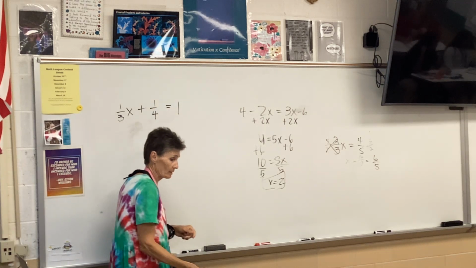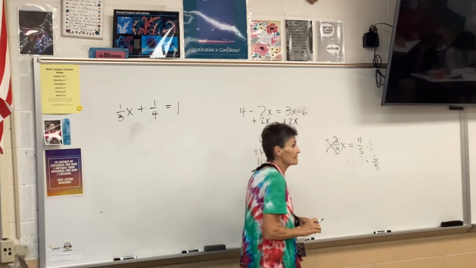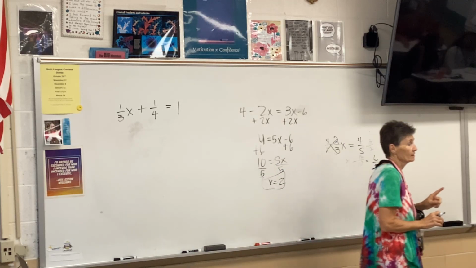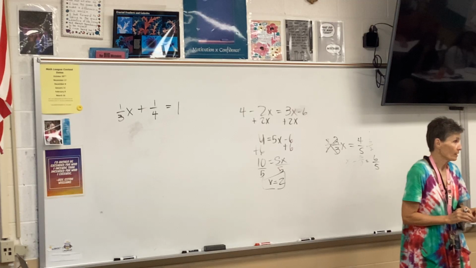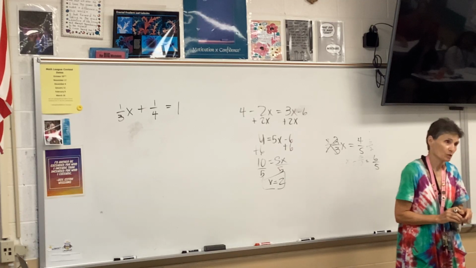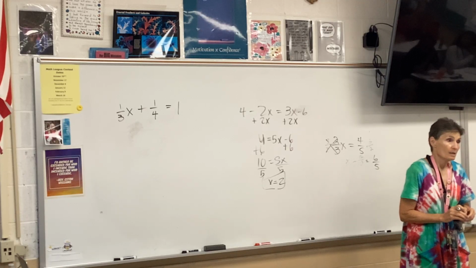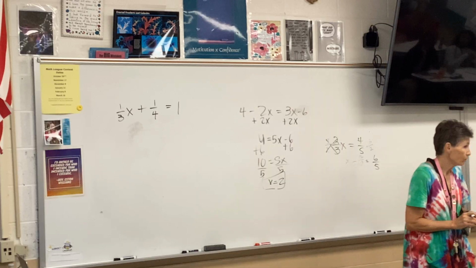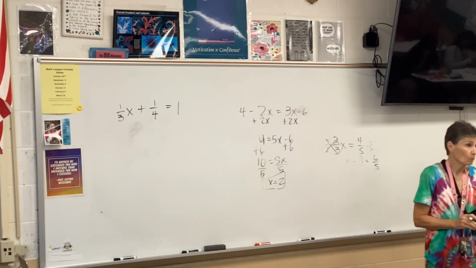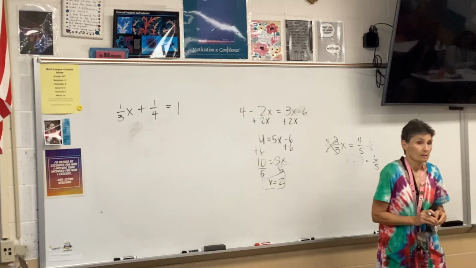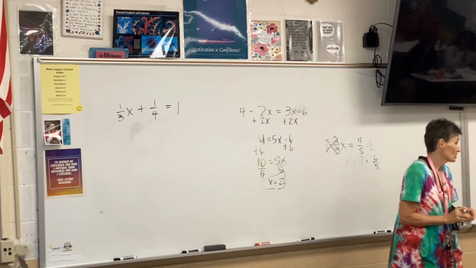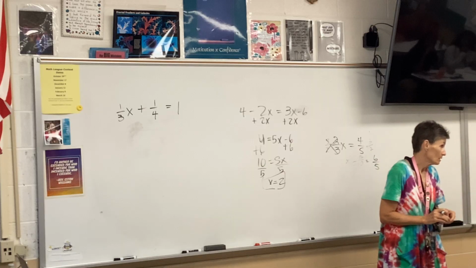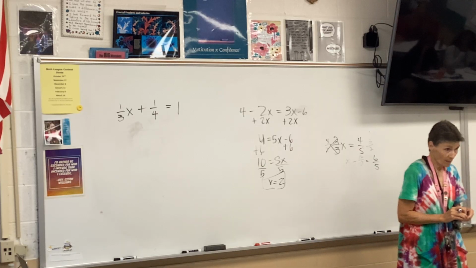Look at this guy, do it together, simply because I know how you did this last year, and it's a great way to do it, and I want you to continue doing it. We look at this problem, we have two fractions, a 1/3 and a 1/4. They're added together, right? When we add fractions, we gotta have a common denominator.